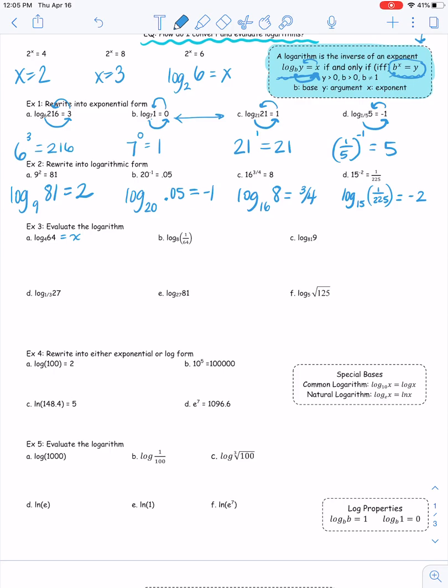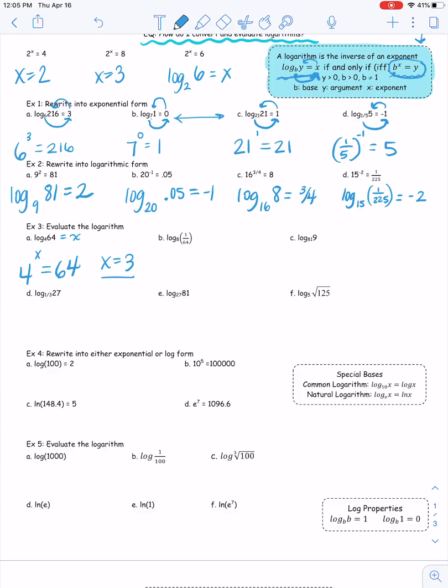Because if I had to rewrite this into an exponential, this would be base of 4 raised to the x power equals the argument of 64, which now looks a little familiar to me because I know that 4 to the third power equals 64. So that must mean that x is equal to 3. So log base 4 of 64 equals 3 because 4 to the third power equals 64.